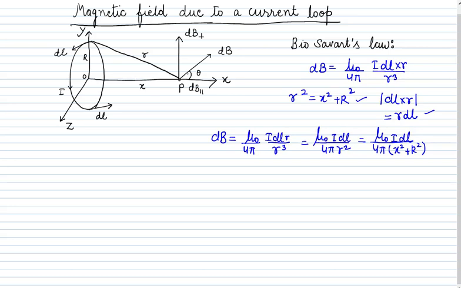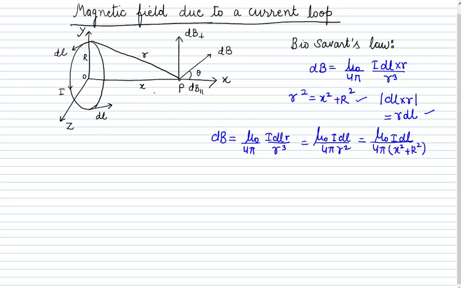So we can take the components if it is at angle theta compared to the x-axis. You can take a perpendicular component, that is a normal component, and a horizontal component, which is a parallel component. If you calculate for these small length elements dl and sum all the perpendicular components, they will cancel out, because due to this dl, dB is perpendicular to this plane in this direction.